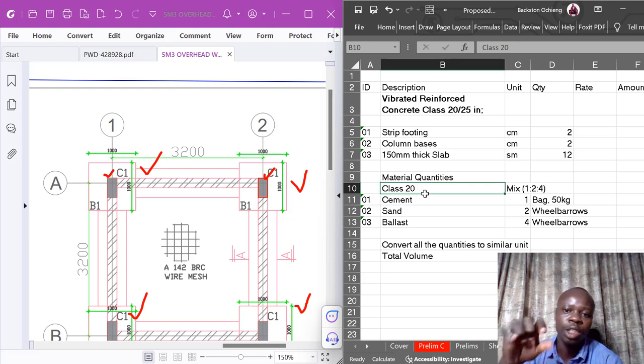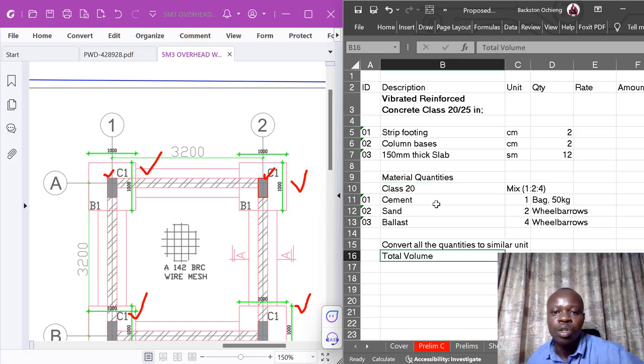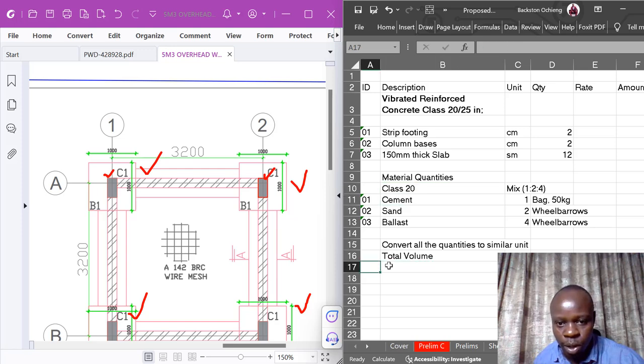I've noticed that we do about 6 bags of cement for every cubic meter of class 20. So I have one known, I'll go with the cement.